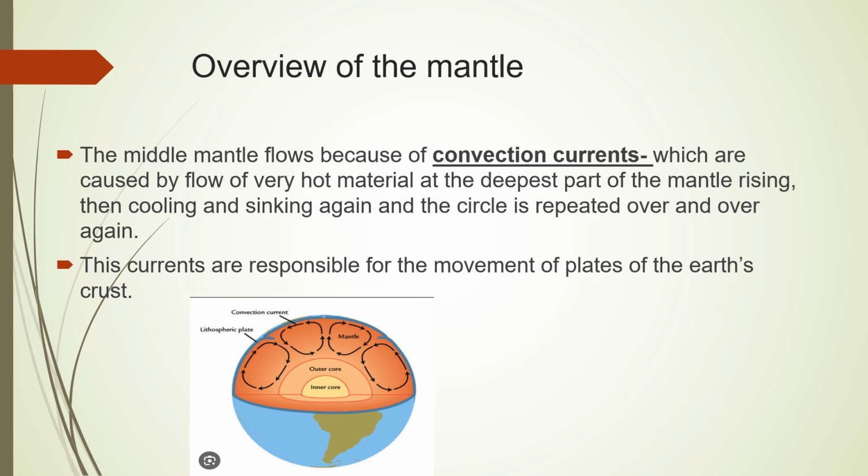So the word flows, or flow, speaks about something in this layer. It tells us that there is a movement happening here. There's a process happening here, and it is of convection currents.